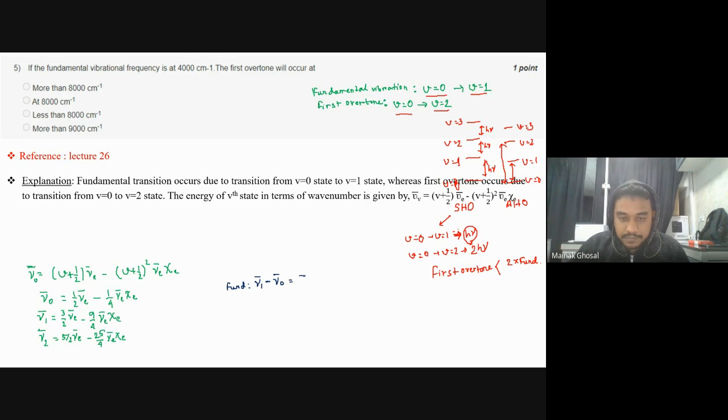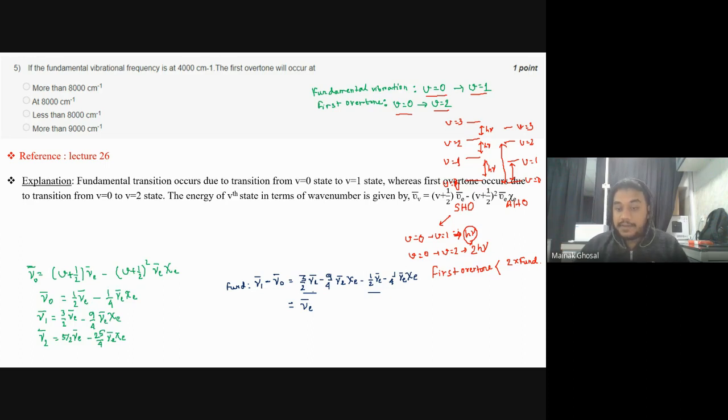What will be the value? 3 by 2 nu e bar minus 9 by 4 nu e bar chi e, minus 1 by 2 nu e bar minus 1 by 4 nu e bar chi e. Right? If you take these terms, 3 by 2 nu e minus 1 by 2 nu e, sorry, this is not chi e, this is nu e.